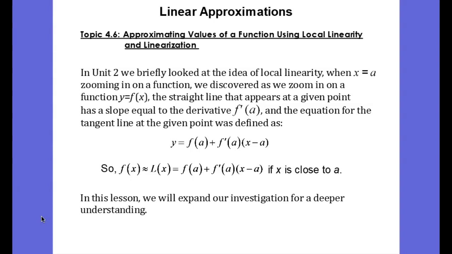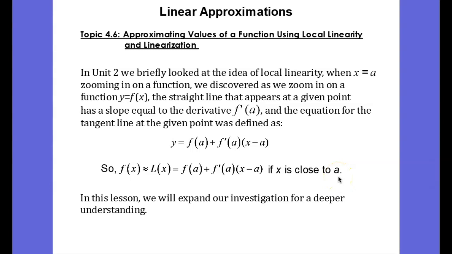And the equation for the tangent line at the given point was defined as y equals f of a plus f prime of a times x minus a. And so this means that f of x is approximately the linear equation, f of a plus f prime of a times x minus a, so long as x is in the neighborhood of a or is close to a.